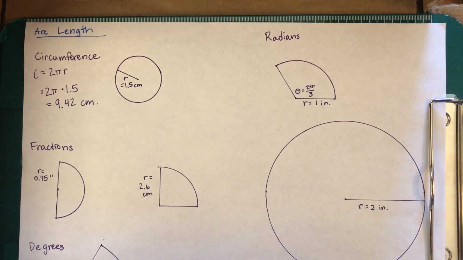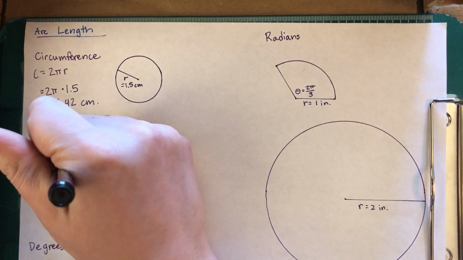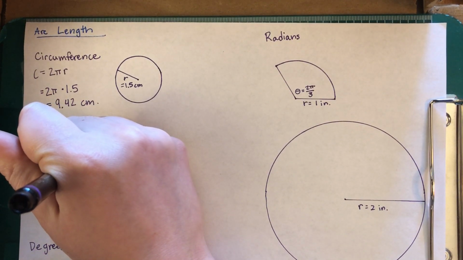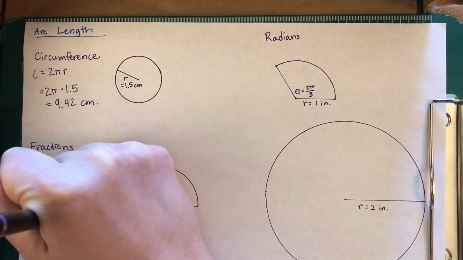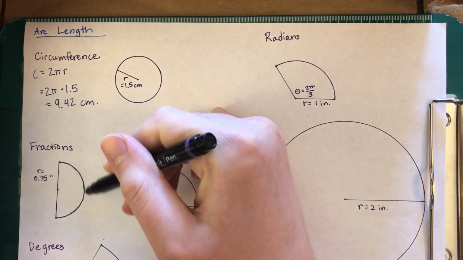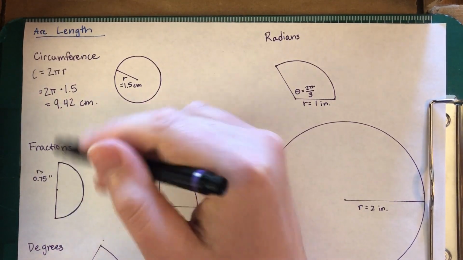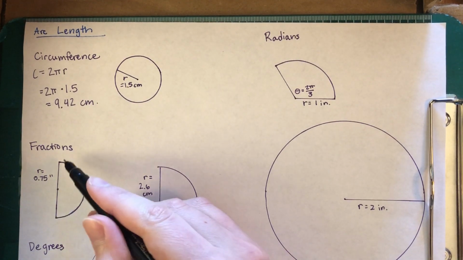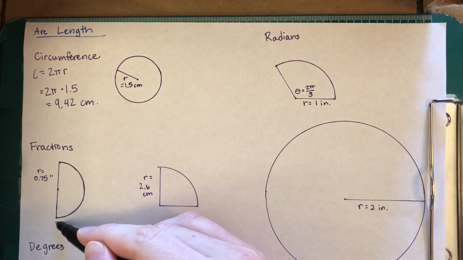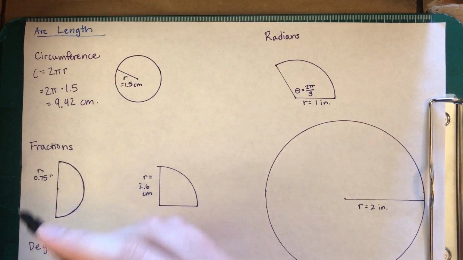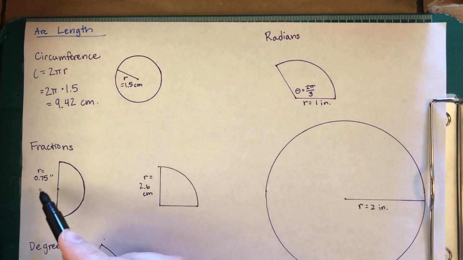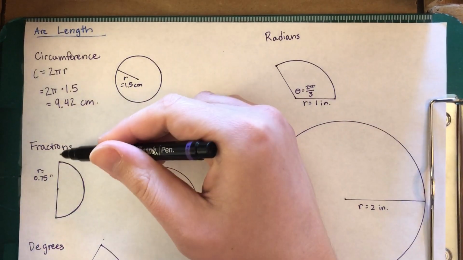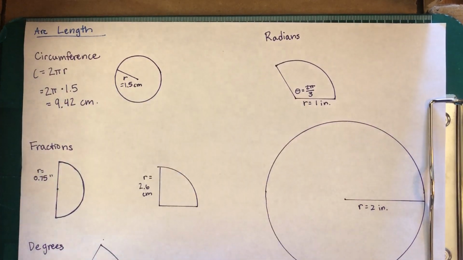Now let's think about, what do we think is the length of this curved part of this half circle? So not this line, that's pretty easy to figure out. You can just measure it. But this curved part, if the radius of this circle is 0.75 inches, what would the length of this be?